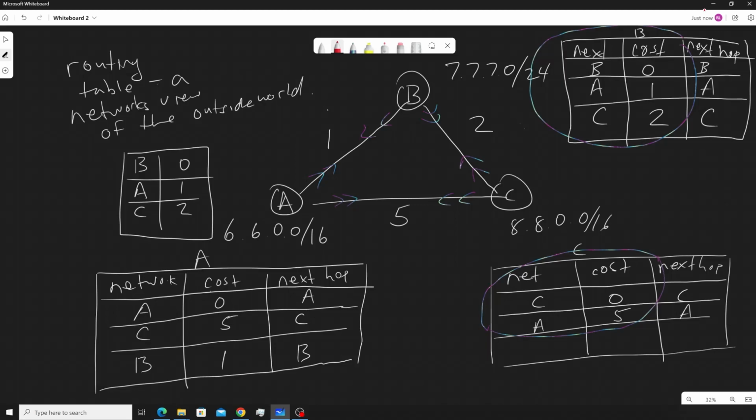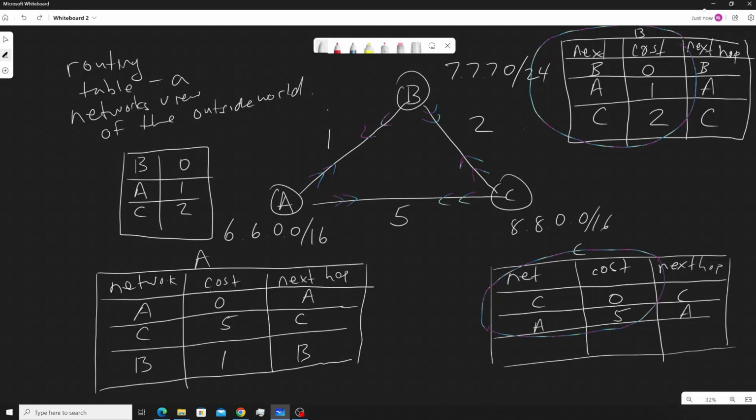And so what essentially A is learning is that if A gives its message to B instead, B can deliver it on behalf of A with a cost of 2, and it costs 1 to get it to B, which means that the total cost is 2 plus 1, 3.